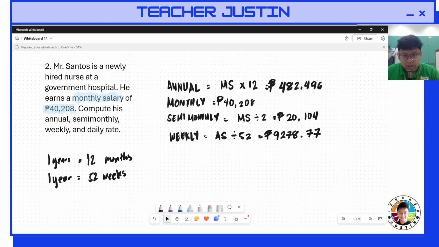And last one, our daily. We take note that for daily, in 1 year we will have a total of 365 days.